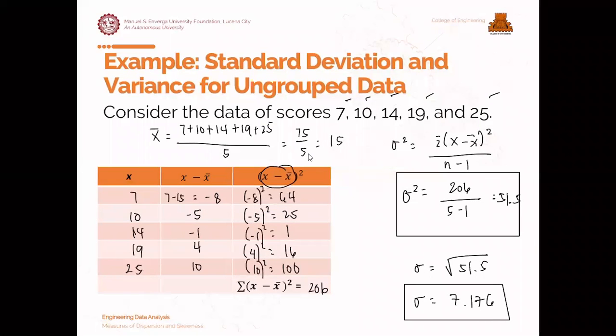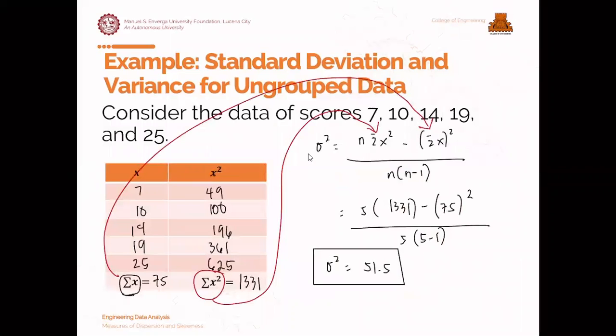Okay? Then, para kunin sa standard deviation, we just get the square root of 51.5, which of course equals to the same value na nakuha natin from the previous version of the formula, which is 7.176. Okay? So, yan po yung second version ng formula natin.